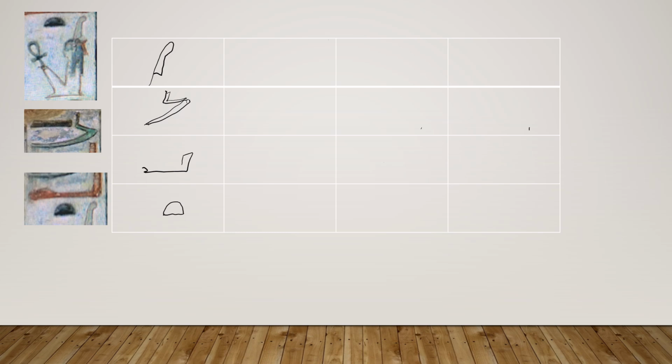It gets the entire name. And the sickle-shaped part of the boat is transliterated with the letters M-A. The arm and the hand is transliterated with the letter A. And the loaf of bread is transliterated with the letter T. Okay?